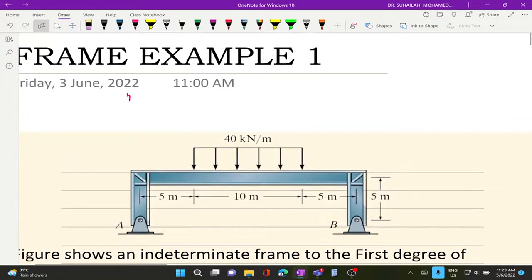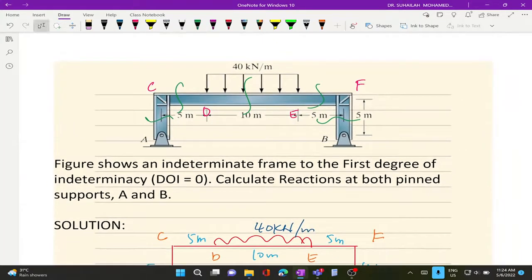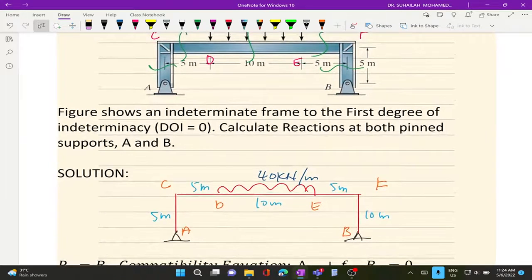It is C, and then D here, E, and F. So total nodes that we have are 6: A, B, C, D, E, F. So we will have 1, 2, 3, 4, 5 cutting sections.